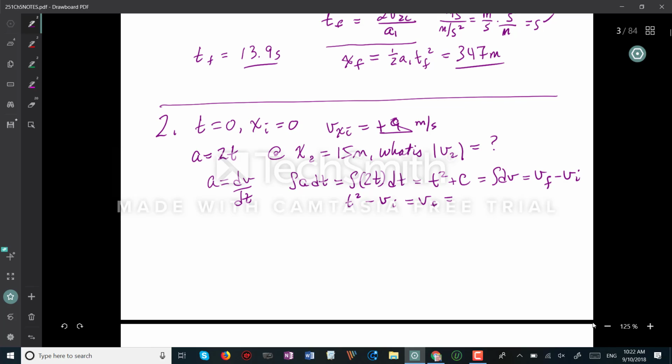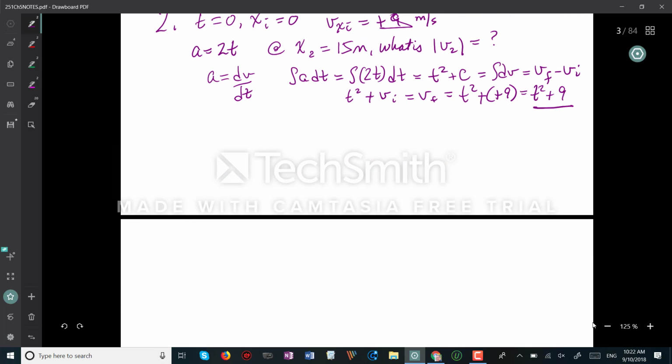So I'm going to have t squared minus positive 9. Whoops, sorry, you're right, thanks, it should be on the other side. So I'm going to get t squared plus 9. Questions? Comments? Well, when I rearrange these terms, I'm going to get a dt equals dv. So in order to get that, I have to integrate both sides independently.